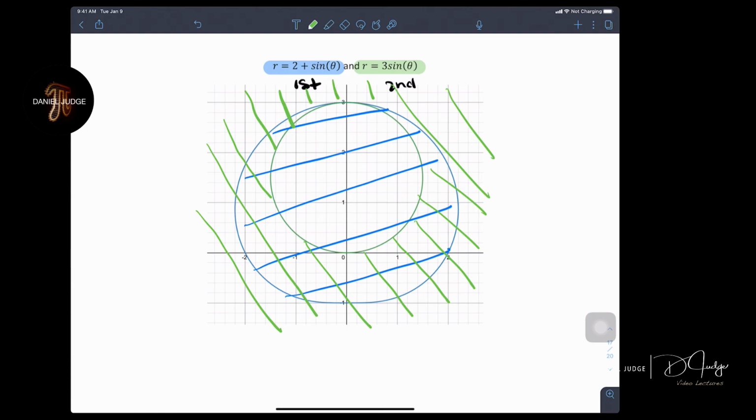So what you should see is this. This is what they're talking about. All this area here. It's kind of interesting.